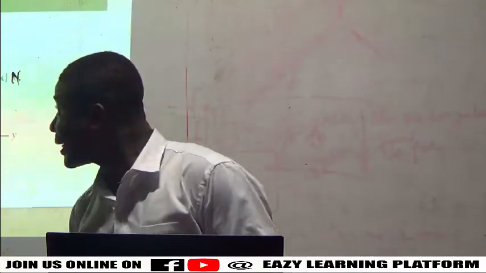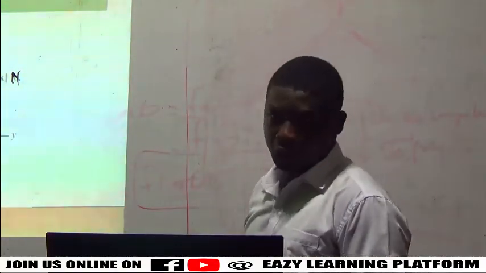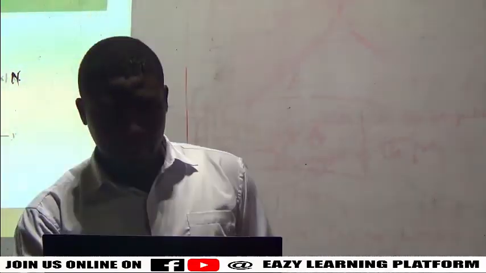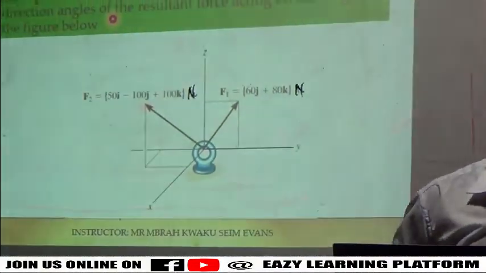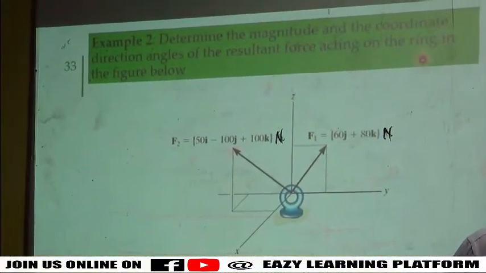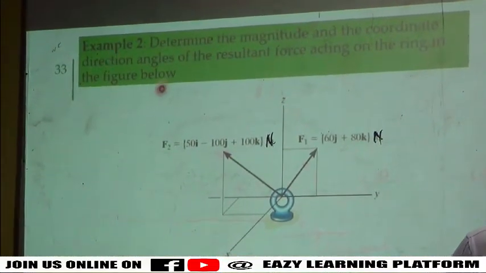Okay, so we move on to the second example. Example number 2. We are to determine the magnitude and the coordinate direction angles of the resultant force acting on the ring in the figure below.